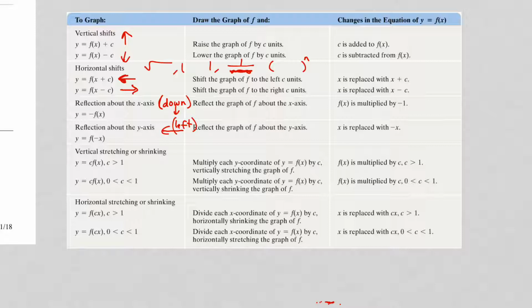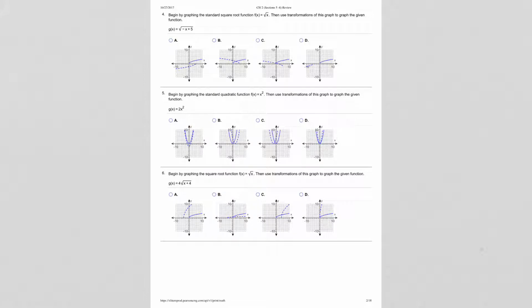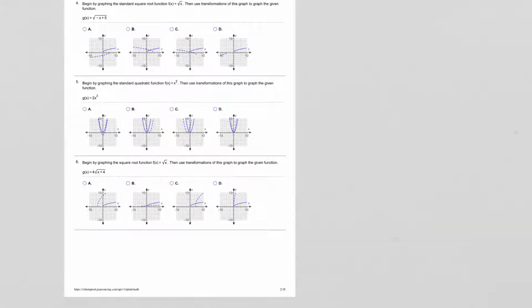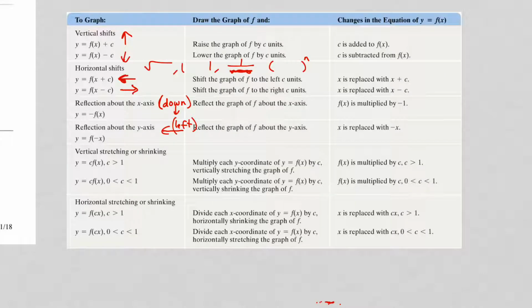So then we have vertical stretching and shrinking, and horizontal stretching and shrinking. Vertical stretching, if the number is greater than 1, for example, 2x squared.